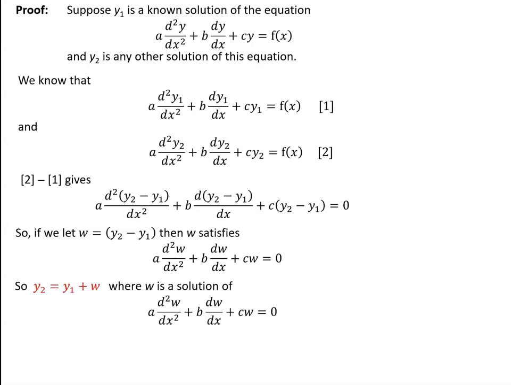So w is y2 minus y1. Rewrite that. We can say that y2 must be equal to y1 plus w. So any solution y2 is simply y1 plus a solution of the equation a d2w/dx squared plus b times dw/dx plus cw equals 0.